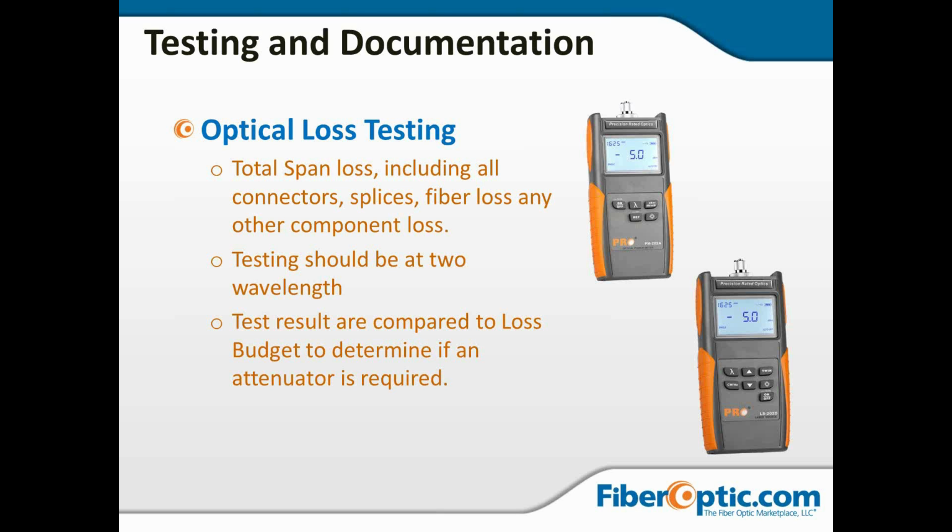And then you can compare all of these measured losses to your loss budget and determine if attenuators are required or if it's going to meet the specs and the standards needed to operate the design.